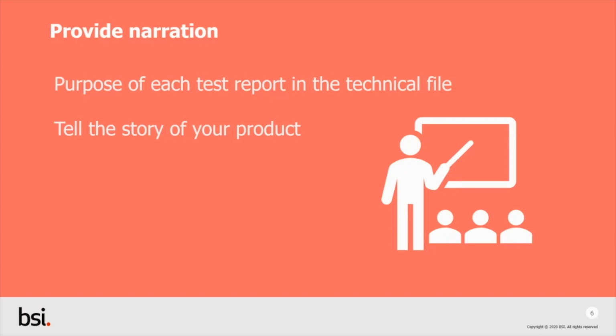The easiest way to overcome this is to identify the purpose of each of the test reports in the technical file. Just as some examples, you could do this in the form of a cover page to accompany the report section, or something like a development timeline elsewhere in the technical file. These are just suggestions, of course, and you can do this any way that you find appropriate.